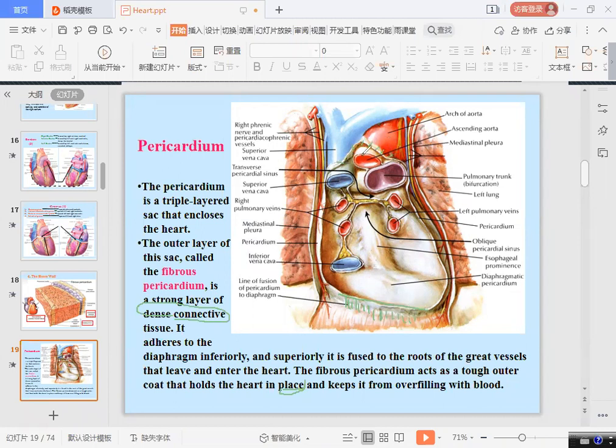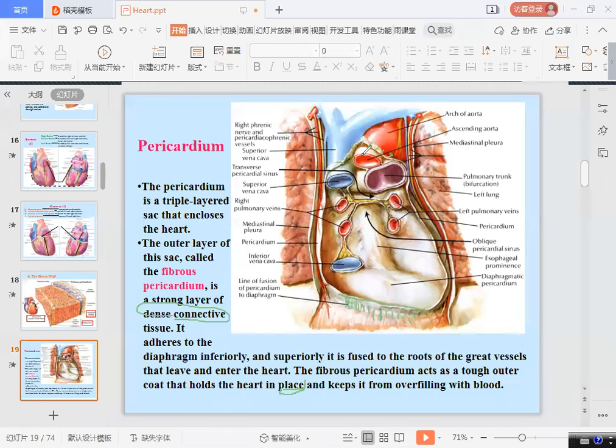What are the great vessels? The vessels which are originating from, entering or leaving the heart are known as great vessels. Which ones are they? The inferior vena cava, superior vena cava, pulmonary trunk, and the pulmonary veins.